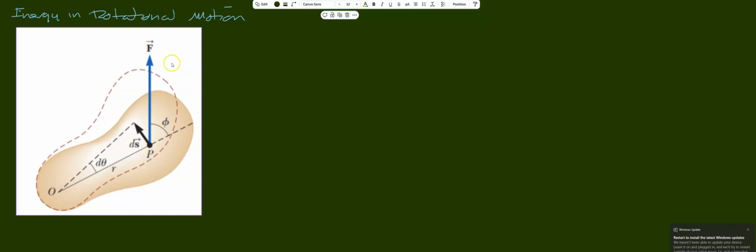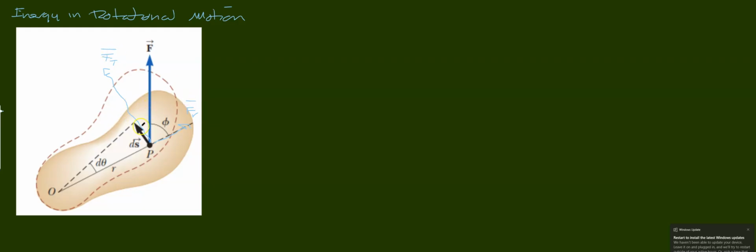We know a component of this force is going to be radial, like so. The other component will be tangential, like so. Okay, that will be the radial and the tangential component, right?